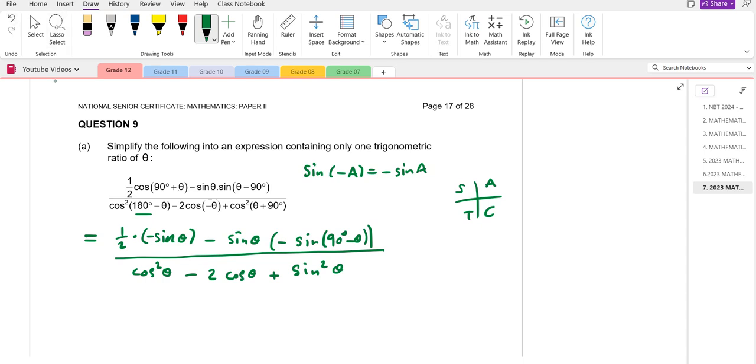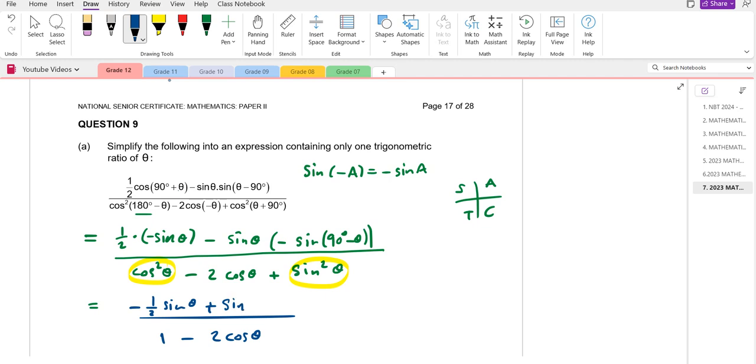Now on the top, right, what we have at the bottom is cos squared plus sine squared, which is 1. So we got 1 minus 2 cos theta at the bottom. On the top we got negative half sine theta, right? Positive, because negative and negative is positive, sine theta, right?